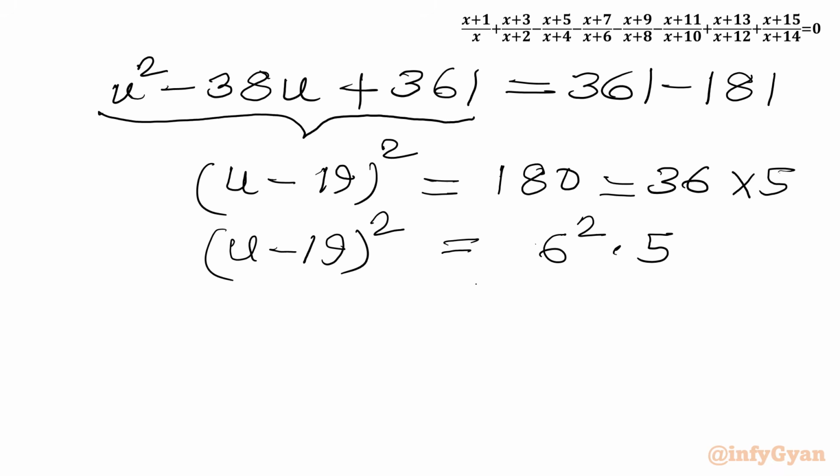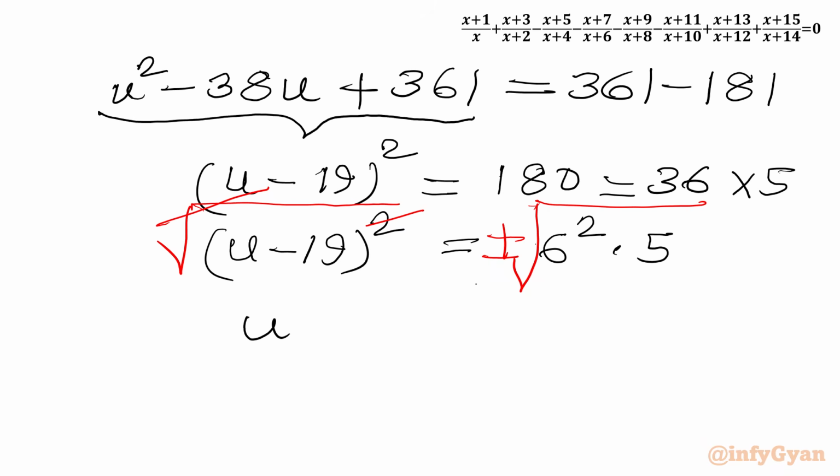Now, our target is to find u. So I will take the square root on both sides to cancel the square from LHS. So I will write here square root with plus minus sign. Now the square root and square will get cancelled out. From LHS, we will write u minus 19 equal to plus minus square root of 6 square times 5, so plus minus 6 square root 5.